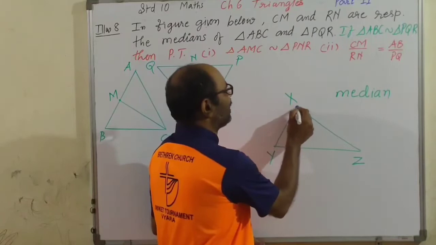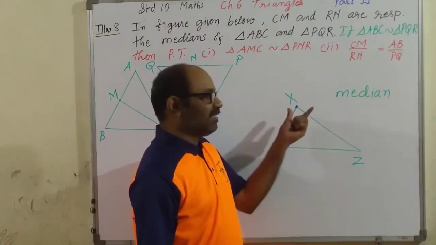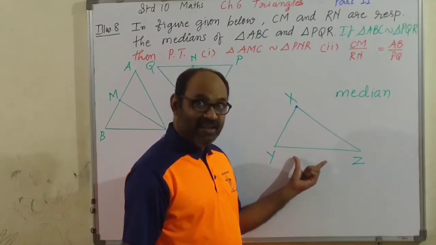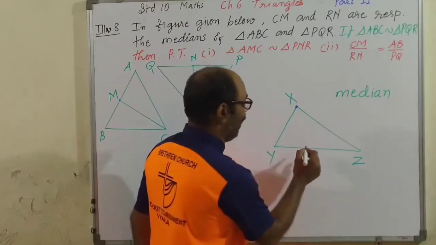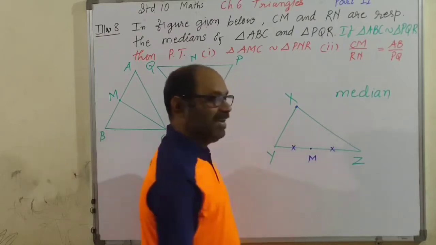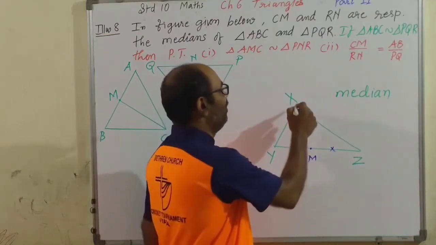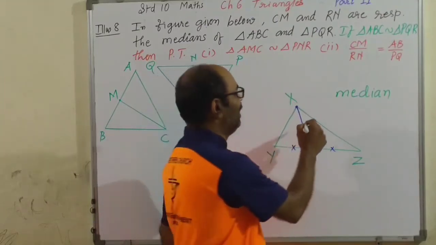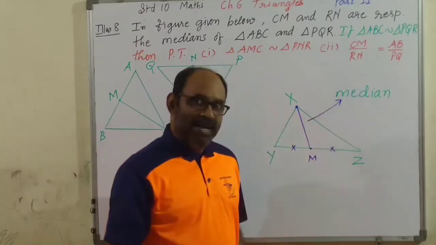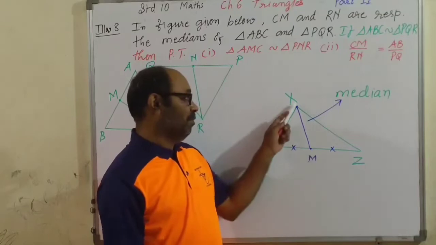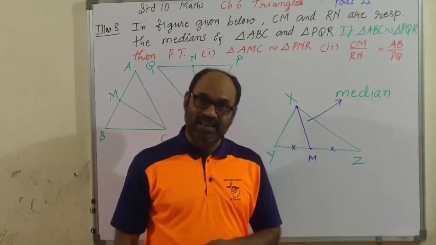Let's choose X. What is the side opposite to that? YZ. Choose its midpoint. Say suppose M is the midpoint of YZ. Then join the vertex X with M. This blue line segment is called median of triangle XYZ.